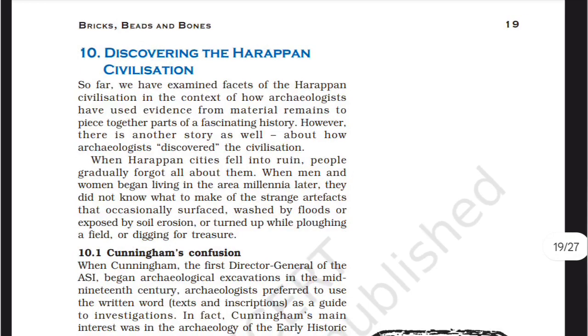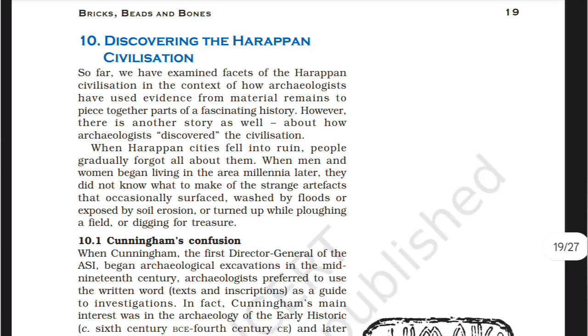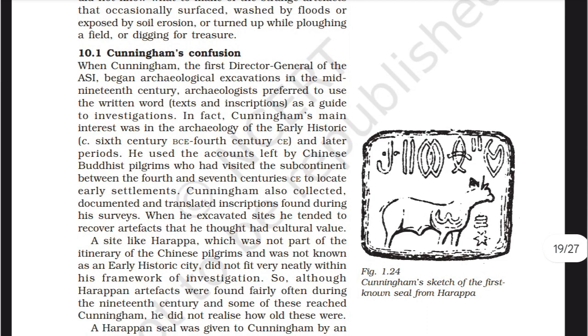Now, discovering the Harappan civilization, I think the last topic of this chapter. First we are going to learn about Cunningham's confusion. Cunningham was the first Director General of ASI, and he began excavations and found out about the Harappan seal.